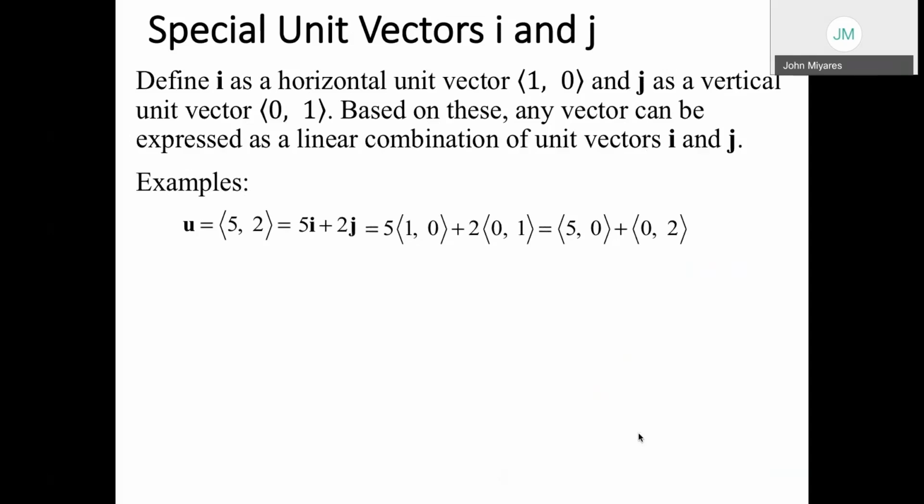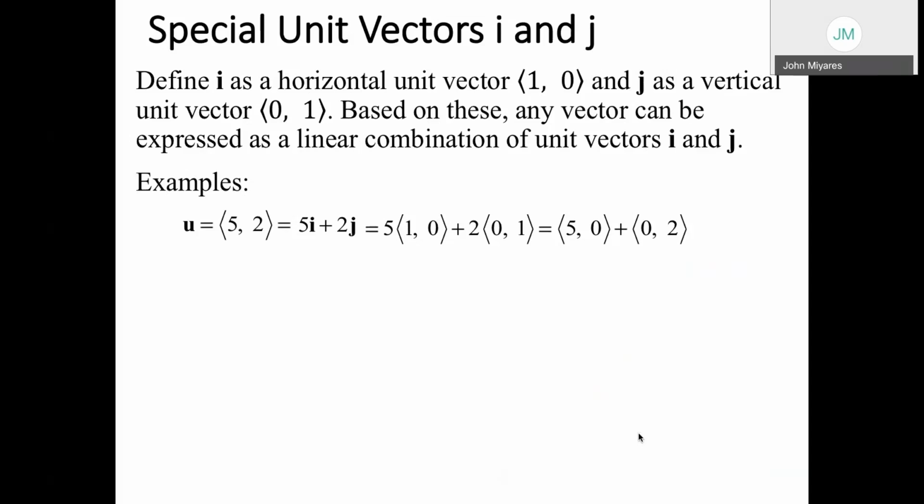Similarly, 2j is the same as 2 times the vector ⟨0, 1⟩, which becomes ⟨0, 2⟩. Adding those definitely will get you the vector ⟨5, 2⟩.